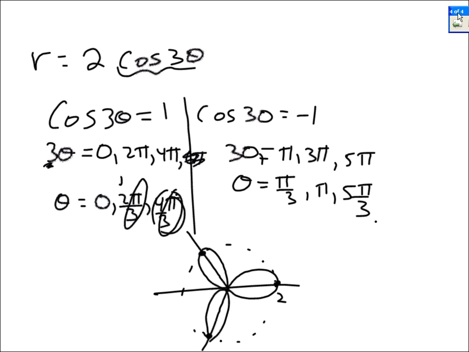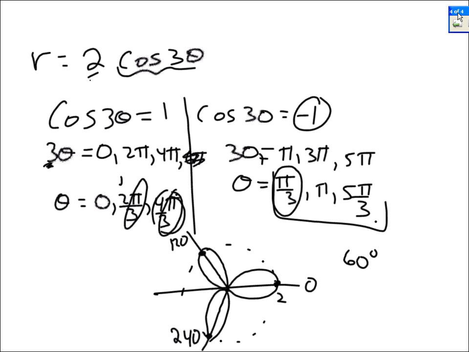Possibly these values over here will give me another 3. Now, remember, this was 0 degrees, and this was 120, and this down here was 240. Well, that's 60 degrees. But since I have to go backwards by 2, if you add 180, you get 240.